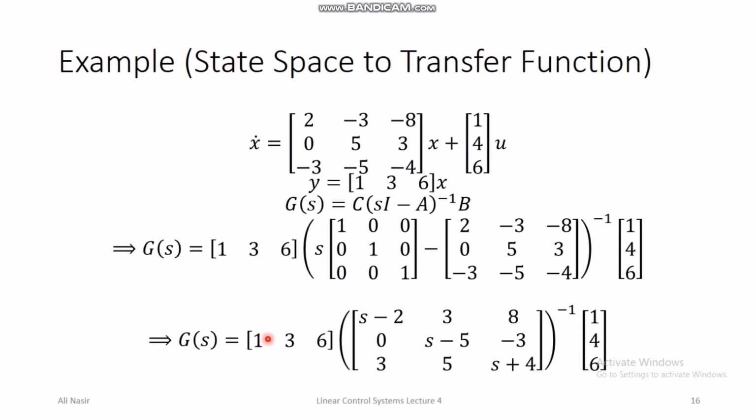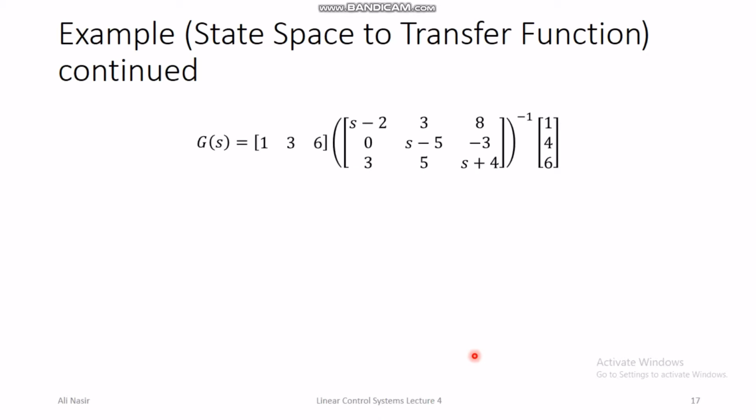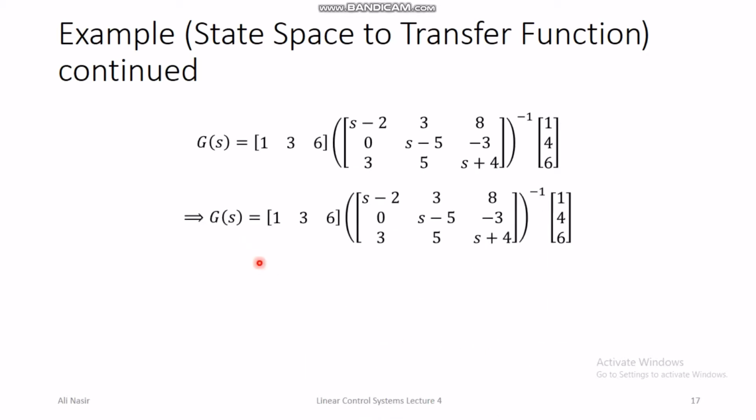And then we do these calculations. We multiply s into the identity matrix and subtract this A matrix from this sI, so we'll get this matrix. And then from here we can first of all deal with this inverse.